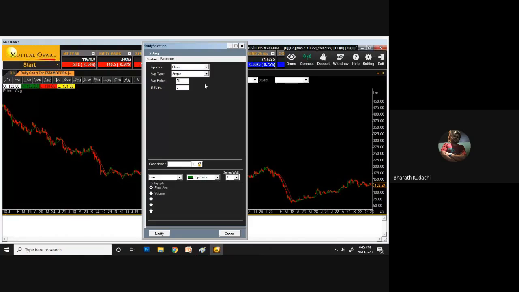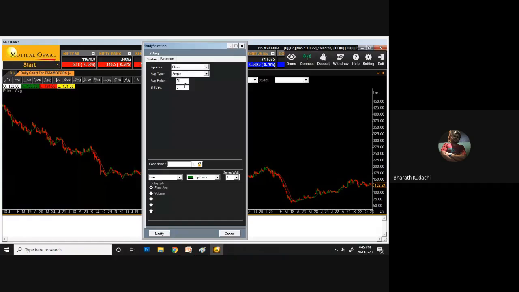Suppose I'm adding numbers from 1 to 10, and I take out one number at one end and add a new number. Then again the same procedure happens: we add them all and divide by 10. The process goes on by adding new numbers. This is the moving average. The average keeps on moving. It is calculated for every candle.